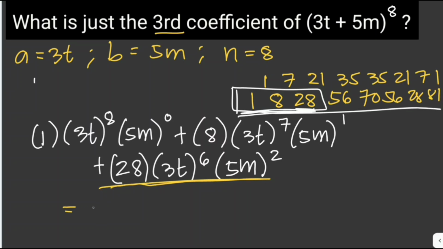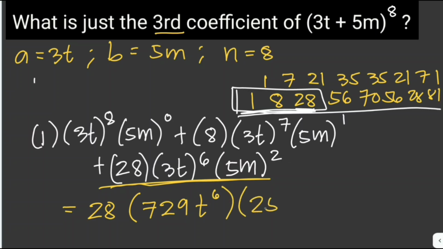So let's expand this. 28 times 3t to the power of 6. So 3 to the power of 6 is just equal to 729. So this is 729t to the 6. And then 5m squared is 25m squared.